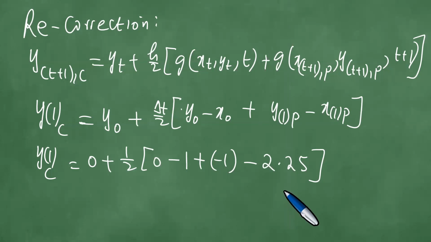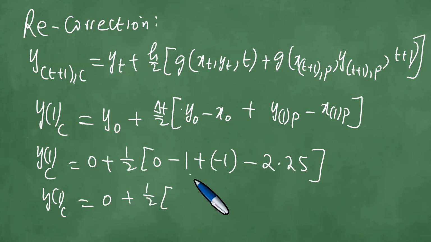Right, so let's analyze this with match quotient. So what is the answer to this? So this is y1c, 1/2. So this one is minus 4.25, and you take half of these.